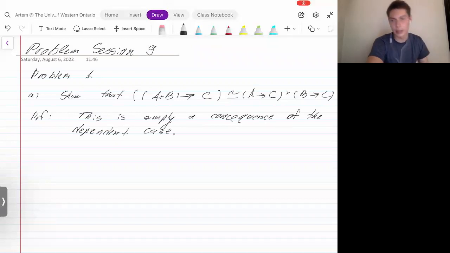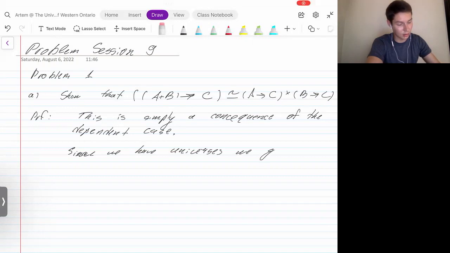What I mean by that is that since we have universes, we can get constant type families.